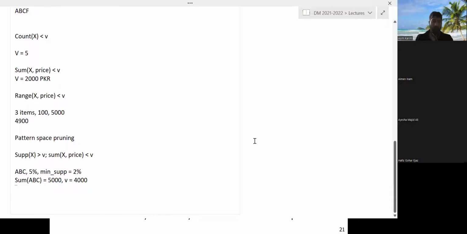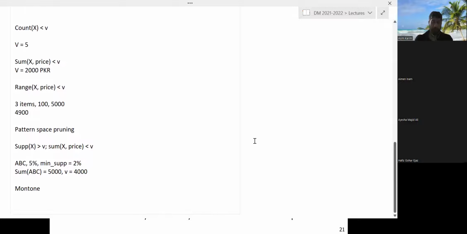So we said anti-monotone, and now monotone. So monotone, as the name suggests, is the opposite.